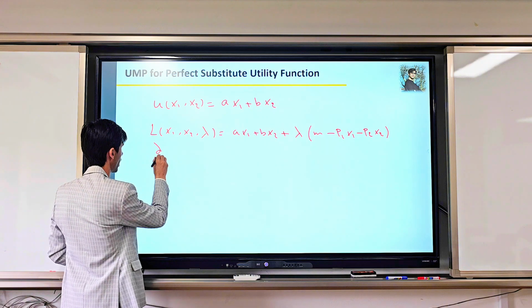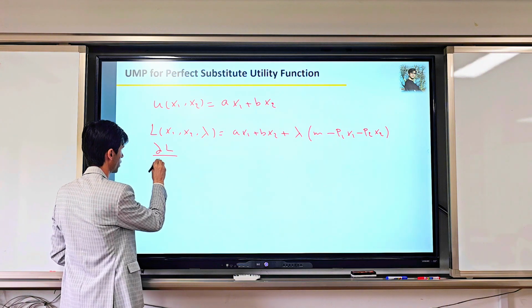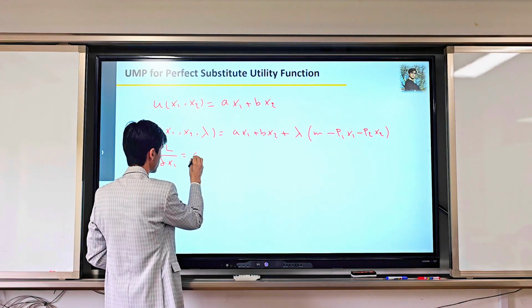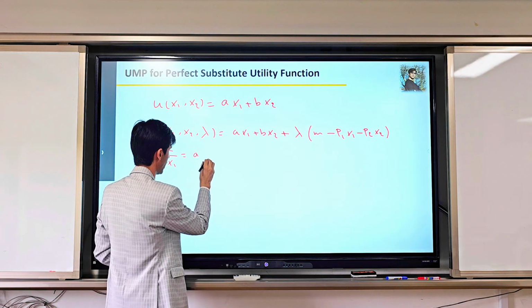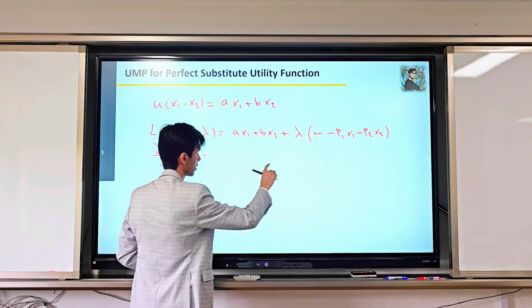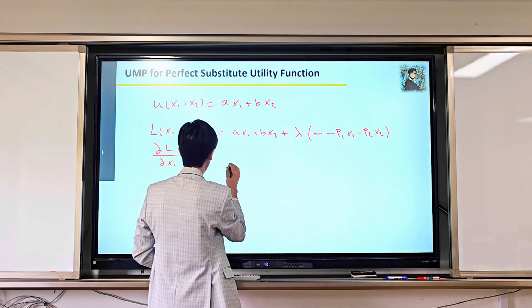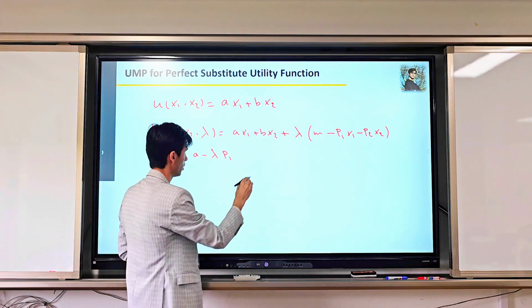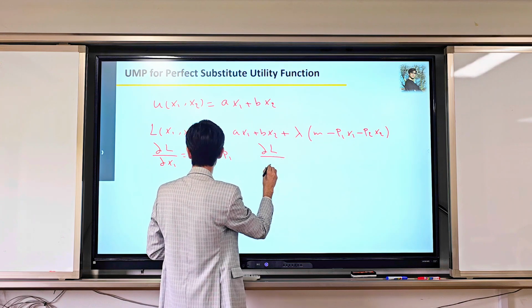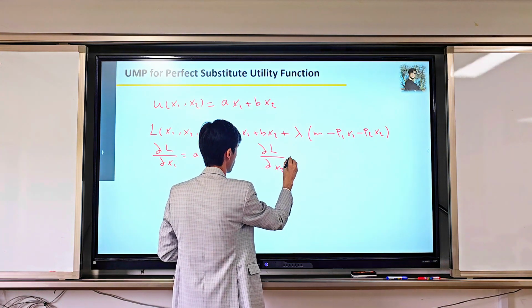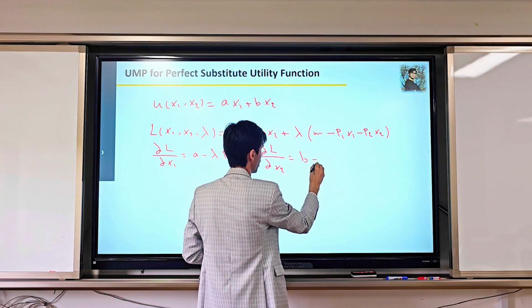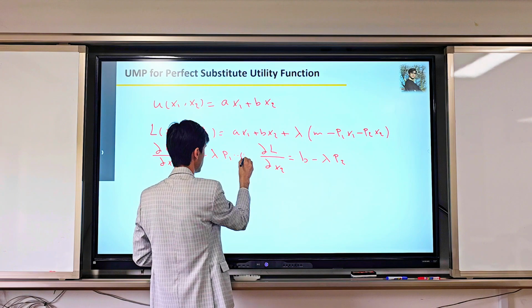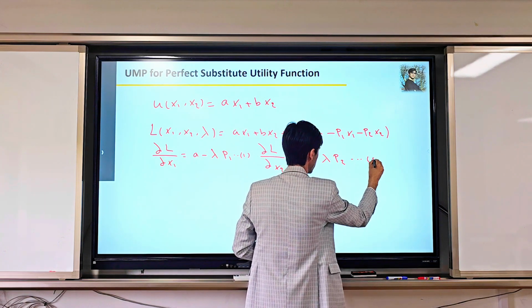For example, the first order condition for x1 gives only a, minus lambda p1. And the first order condition for x2 gives b minus lambda p2. So this is 1, this is 2.